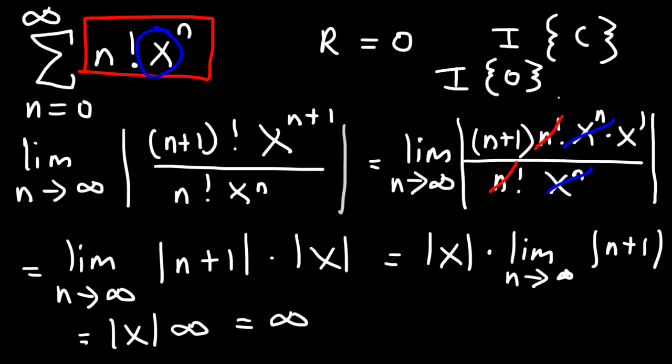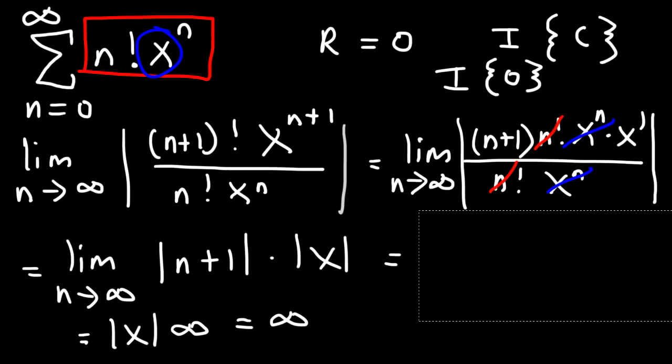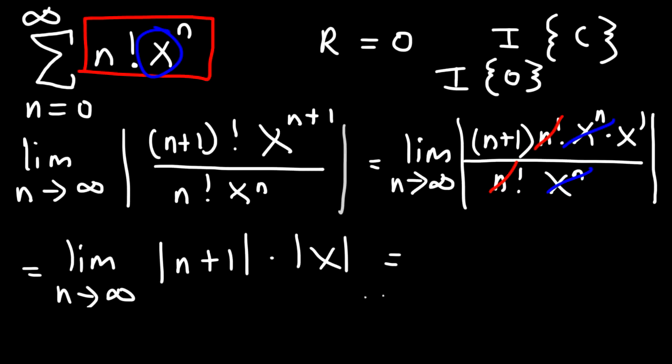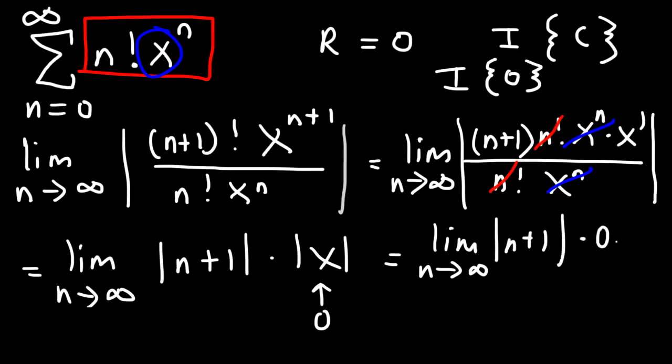Now let's understand why. If x is 0, we're going to have the limit as n approaches infinity of n plus 1 times 0. N plus 1 times 0 is 0. So then the whole limit will equal 0 if x is 0.